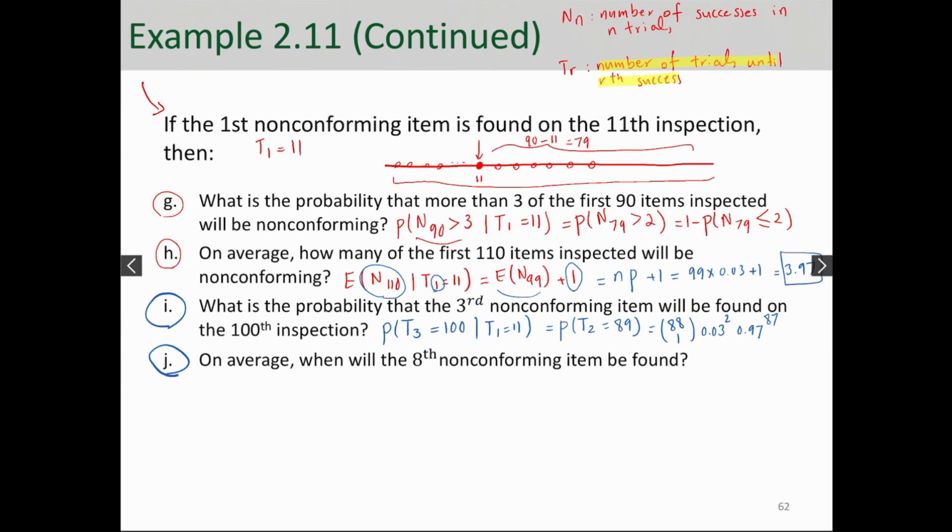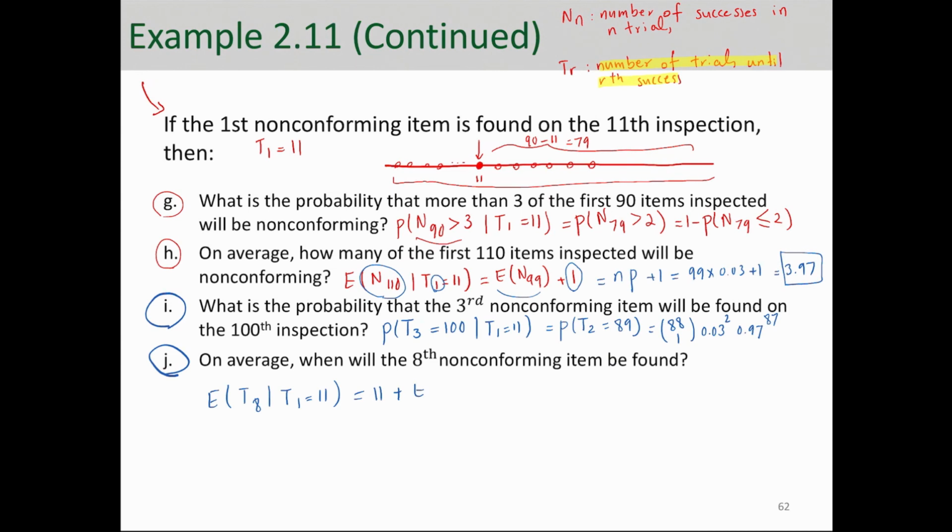That's the number of trials until the 8th success. So we're looking for the expected value of T8, given that T1 is equal to 11. We know for a fact that it took us 11 trials to see the first non-conforming. So the expected value of T8 has to be more than 11.